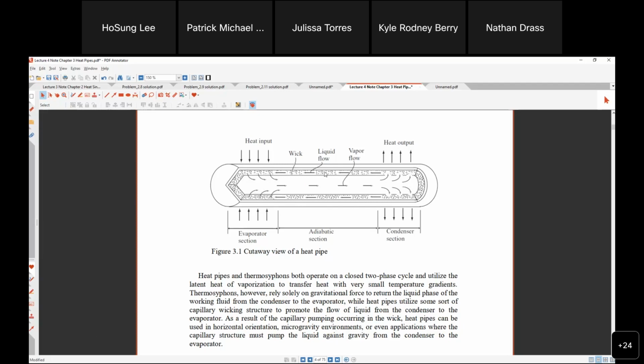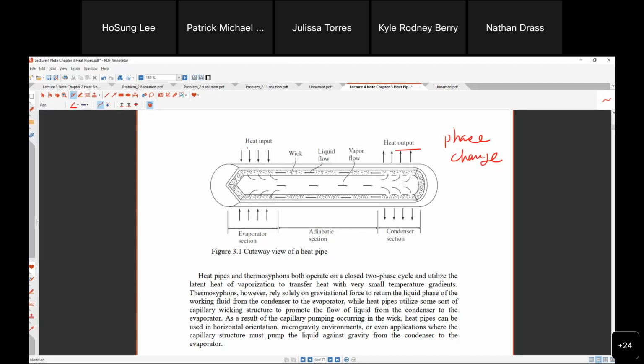We call it the wick, using the capillary effect. The liquid is moving, and evaporation, and the vapor moving, and condensation. It's a continuous cycle. What happens is a phase change happens here and here. So phase change is the most important phenomenon here.